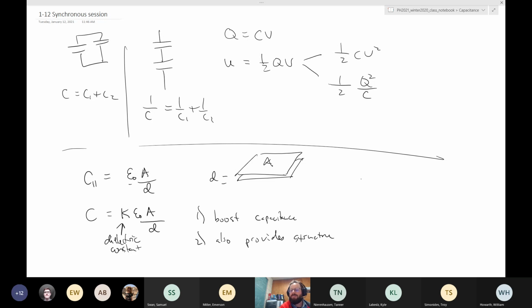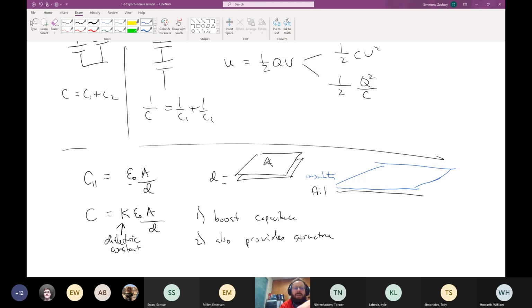Instead, what you do is you have a layer of metal foil, and then, in a different color, a layer of an insulator, a dielectric. And instead of it being a big sheet like this, you take that and you roll it up.